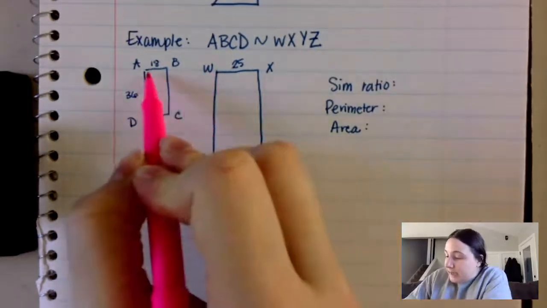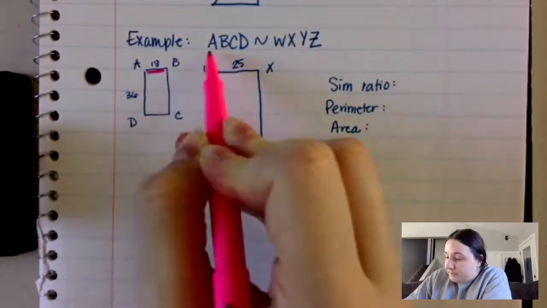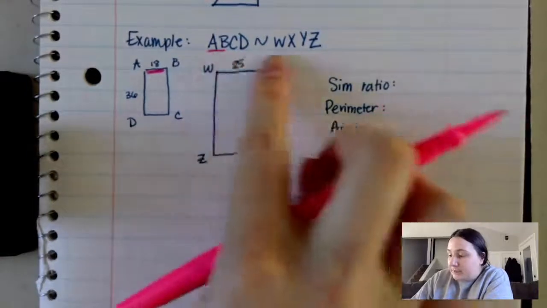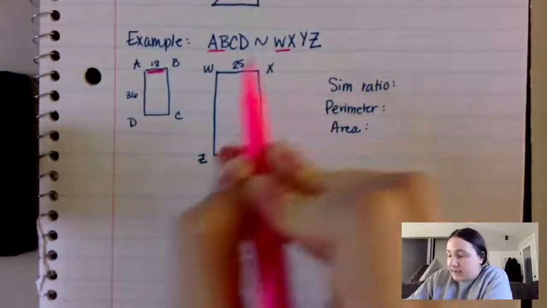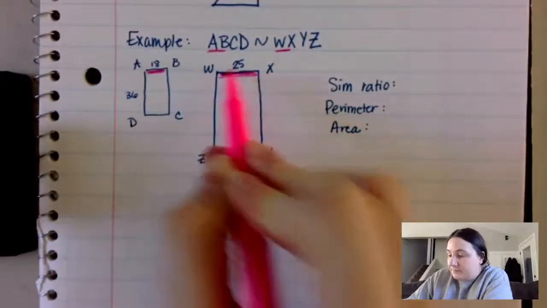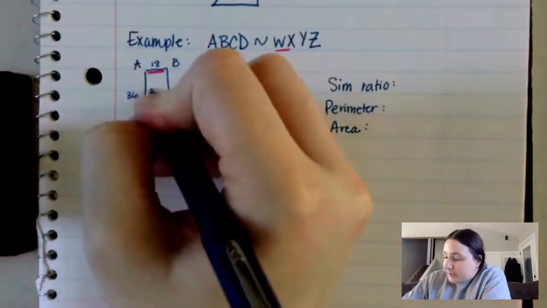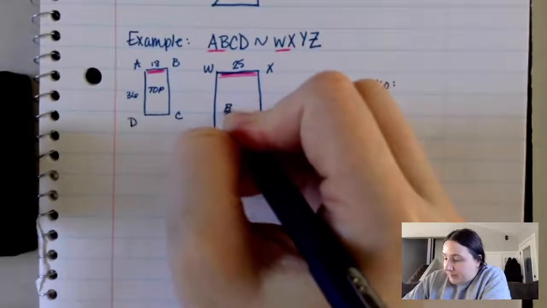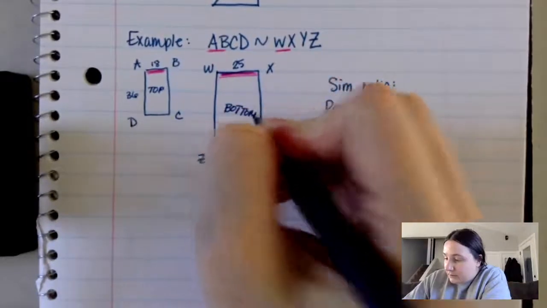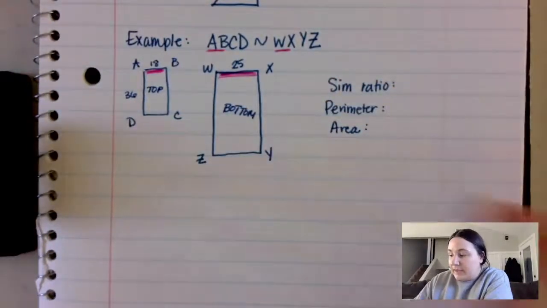In this case, I have AB, and I want to make sure I'm using the same corresponding side, which is WX. Again we want to choose a top shape and a bottom shape, and you want to be consistent with all three ratios.